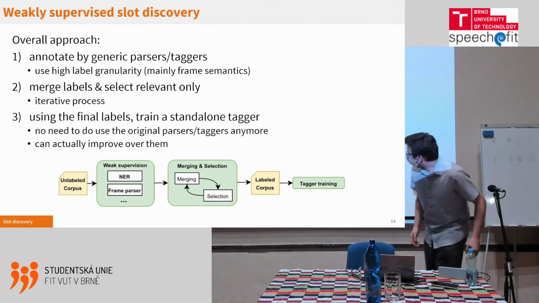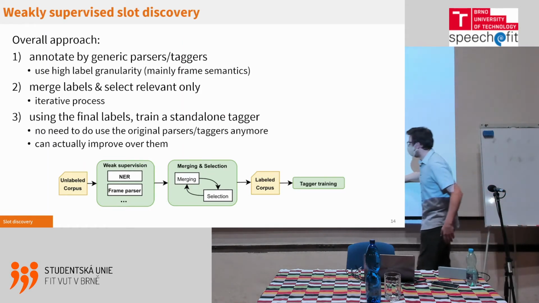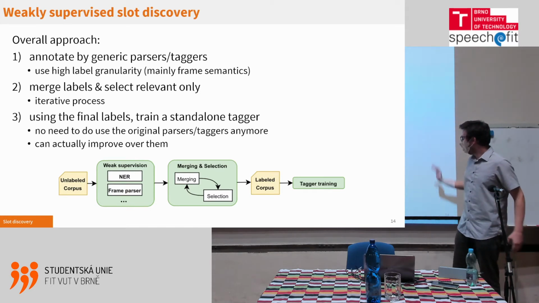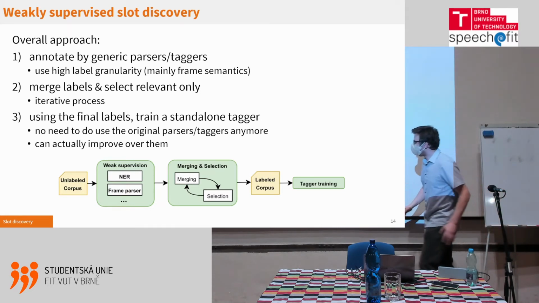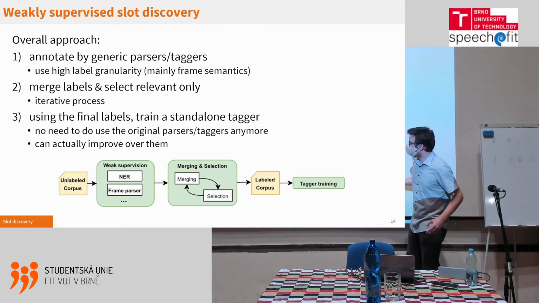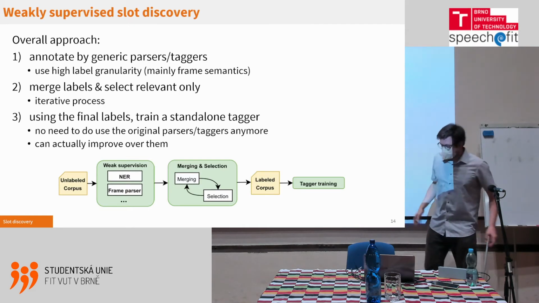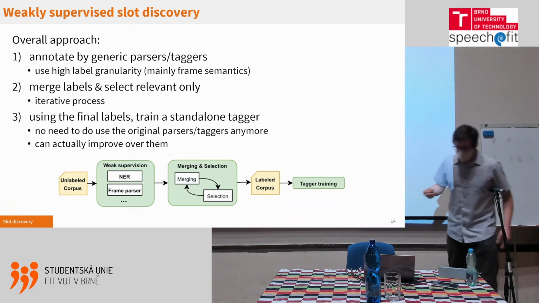And then using the labels, you can train a standalone slot tagger. So you don't even need the original parsers. You don't need to deploy them everywhere. You just train a tagger. It can actually improve over what you get from here, because it can generalize better.